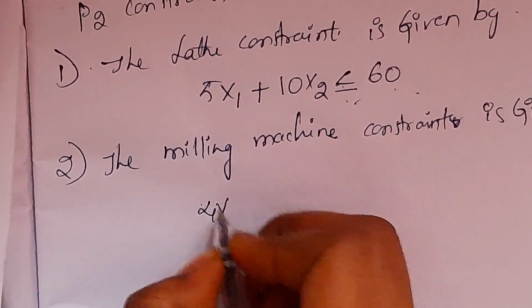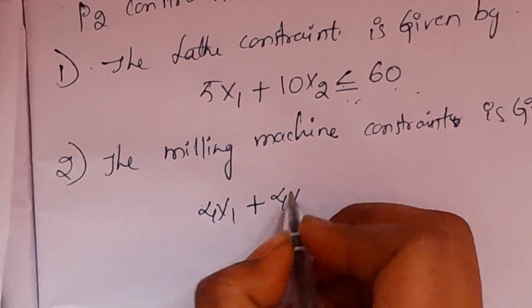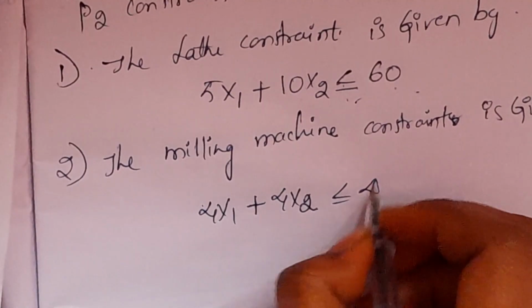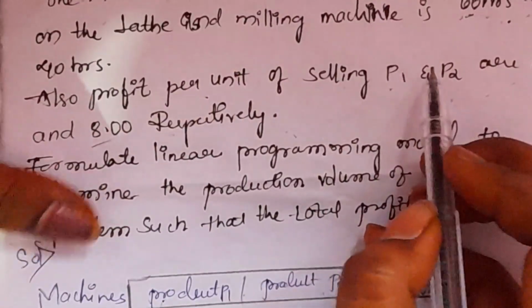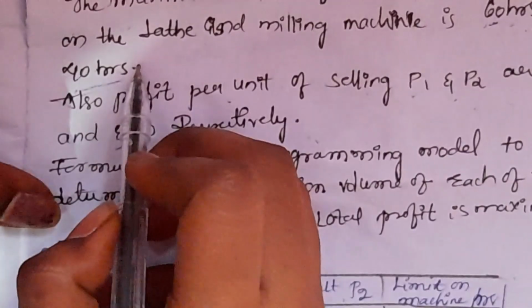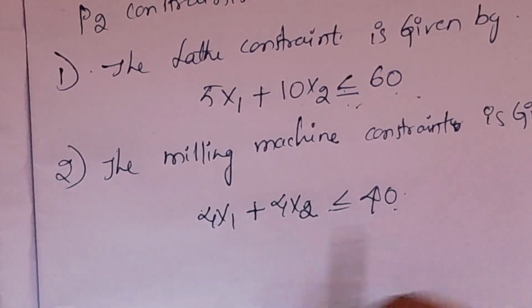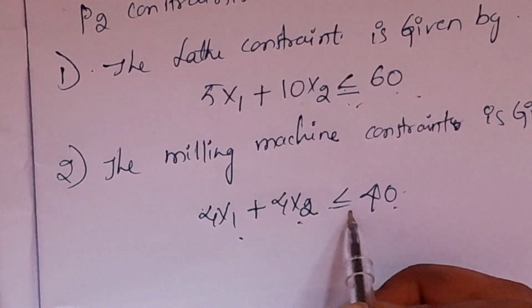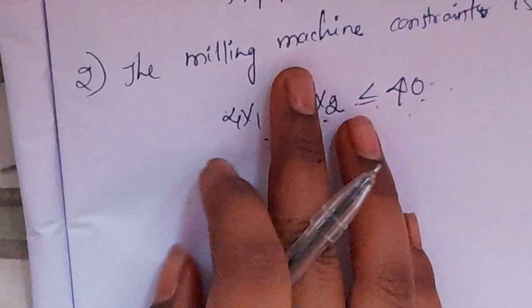Product P1 it takes 4x1 plus 4x2 less than or equal to 40 hours, means it can work only 40 hours. Milling machine can work only 40 hours in a week. That's why we have to write less than or equal to. Understand? So these are the constraints of lathe and milling machine.